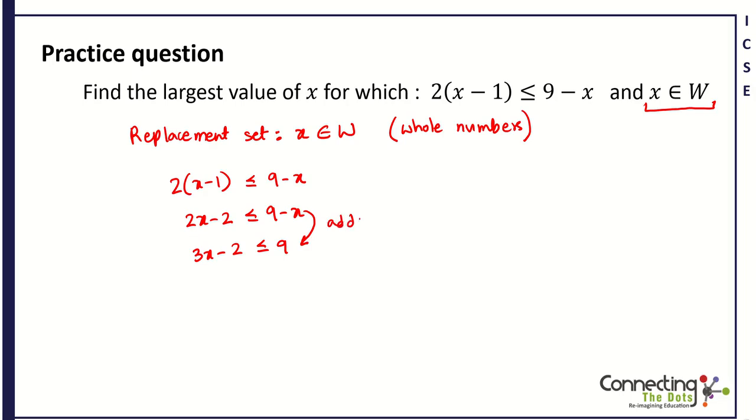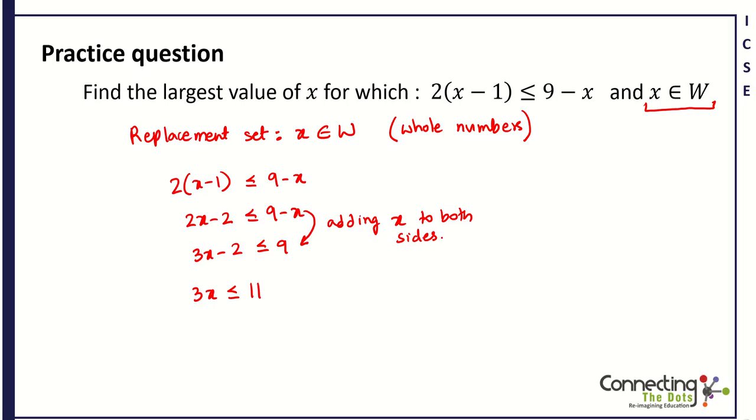Adding x to both sides. Remember, x can be positive or negative, but the sign of the inequation does not change when you add the same number to both sides. So we get 3x minus 2 is less than or equal to 9. And then from there we can go to 3x is less than or equal to 11.